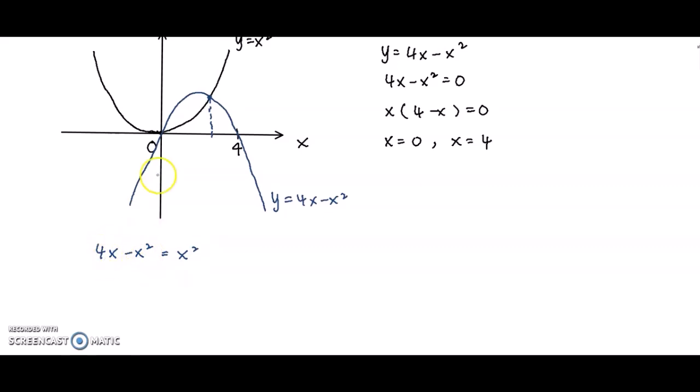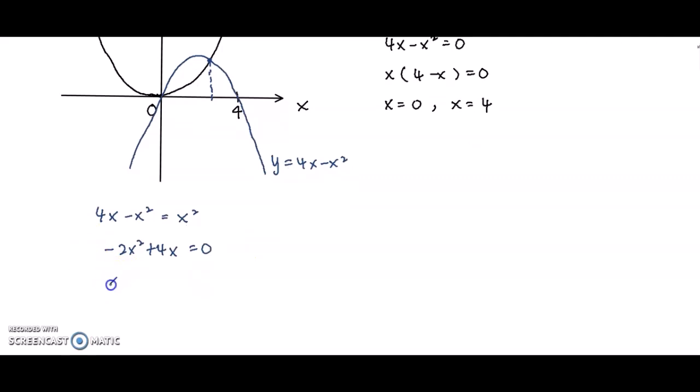So this is the blue curve, and this is the black curve. I equate them and form a quadratic equation, which is negative 2x squared plus 4x equals 0. To solve this equation, I factor out 2x, and I have negative x plus 2 inside the bracket. So from here, I solve it. I got x equals 0 and x equals 2.